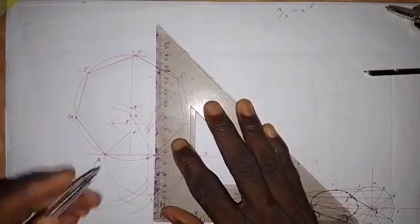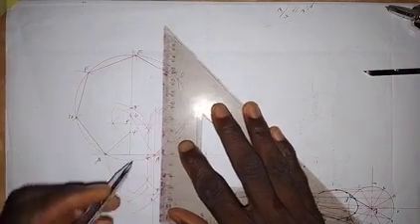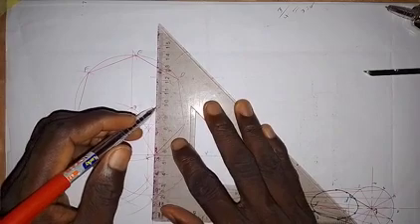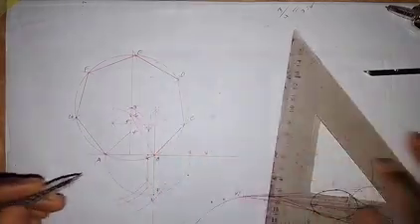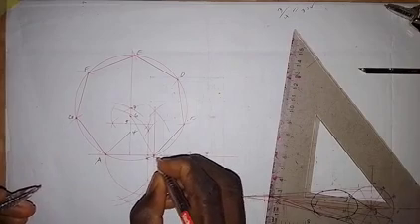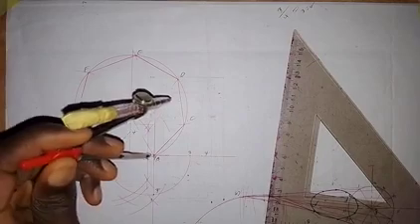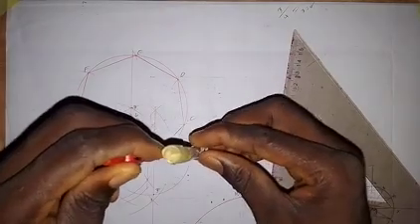We draw this line. So point B here is the midpoint of A4, but I will call it point Y. What we need to do now is put the point of the compass at Y and extend it to 4.